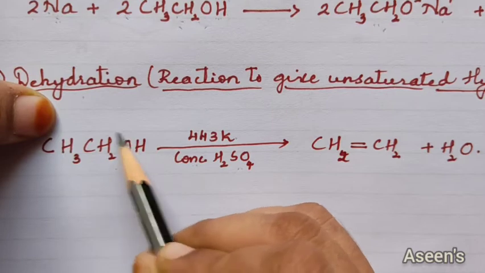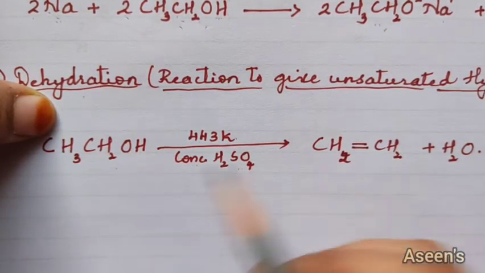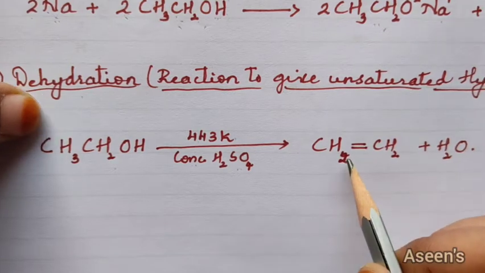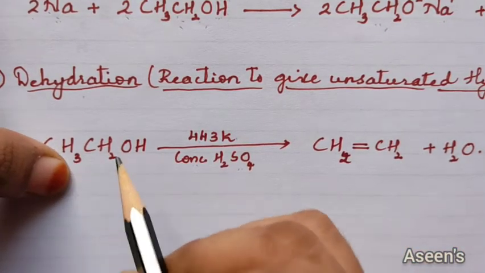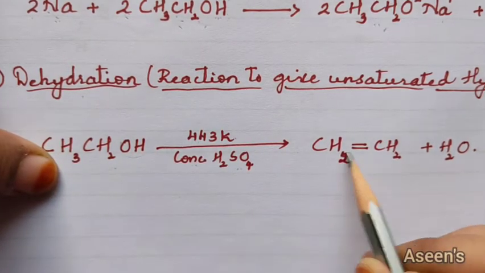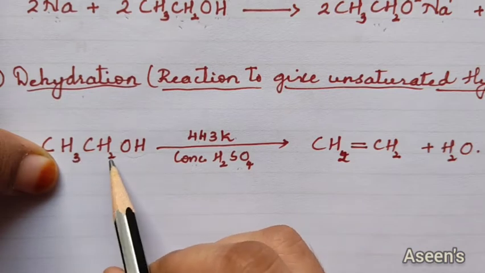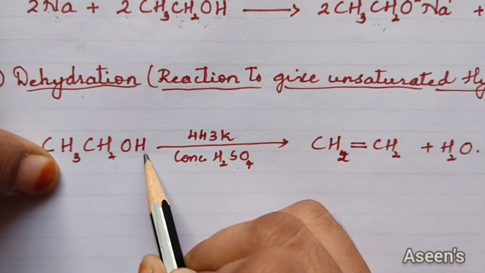So H2O is going to come out. If you remove H2O, imagine one hydrogen going out from here and one from here. So we are left with 4 hydrogens here. We had 6 hydrogens, 2 have gone out. We are left with 4.